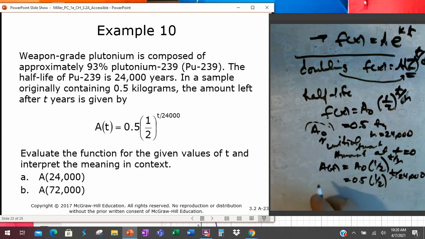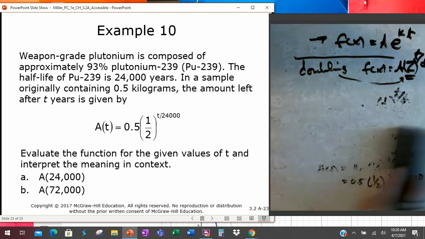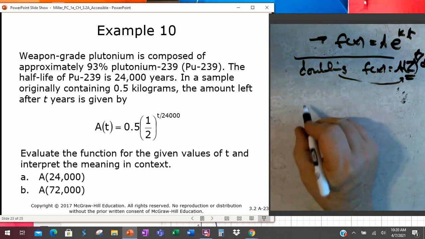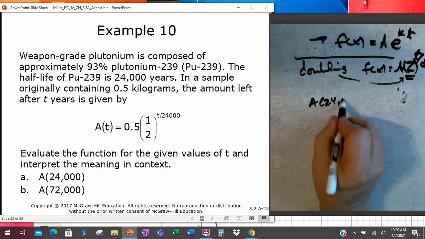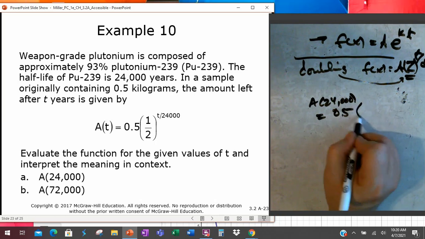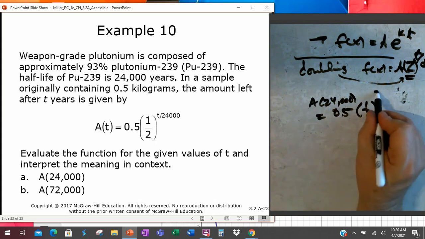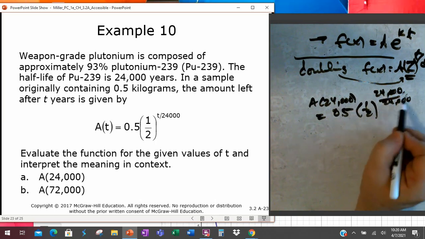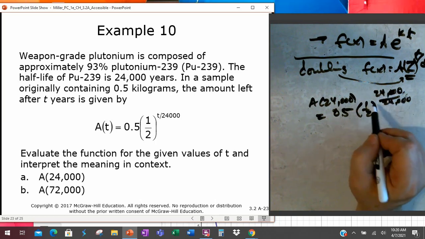So it says evaluate these things. What does A of 24,000 mean? It means interpret 0.5 times 1/2 to the 24,000 divided by the half-life of 24,000. 24,000 divided by 24,000 is 1.